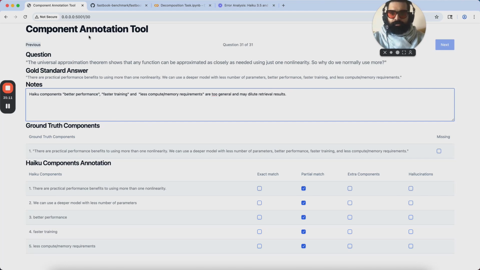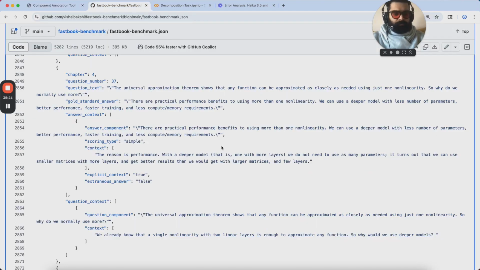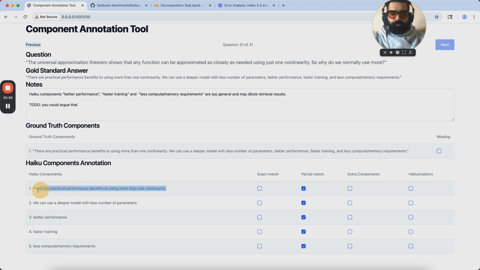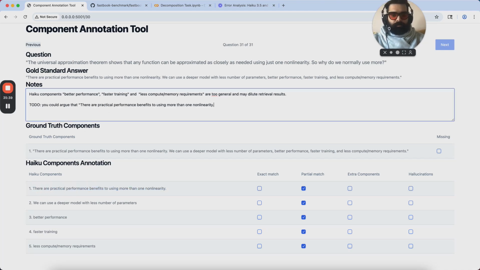And then looking at these first two, yeah, you could argue that this component is not explicitly found in the text, whereas this is, but the former puts the latter into context.